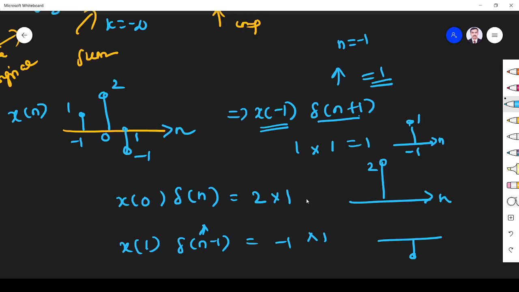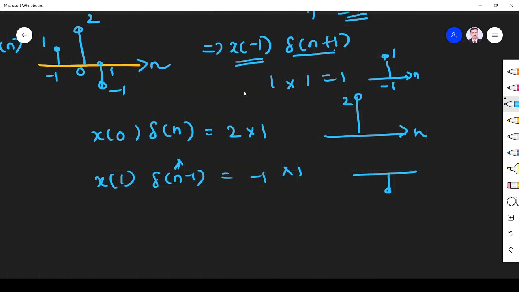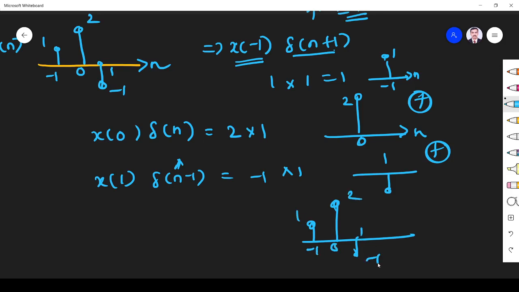If you add all of these together, you get the original signal: minus 1, 0, 1 with values 1, 2, minus 1. So any signal can be written in terms of impulses, where this is the weight of the signal at the particular point.